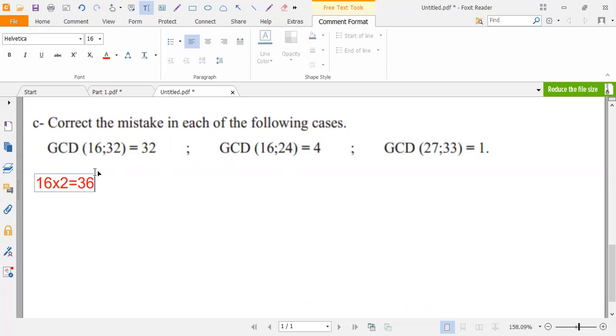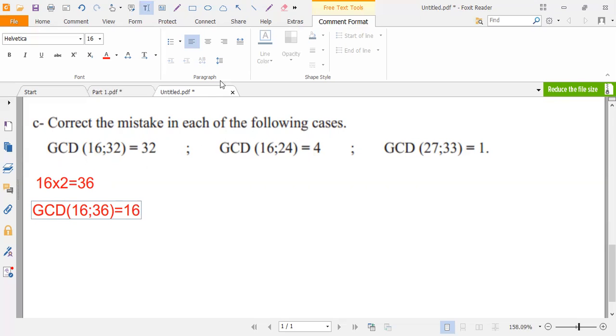But the GCD will be the 32? The big number? No, it will be the small number. It will be 16. So the GCD of 16 and 32 is equal to 16.